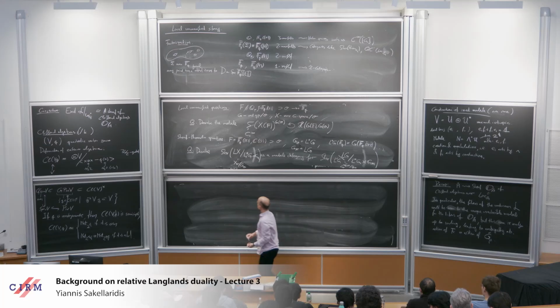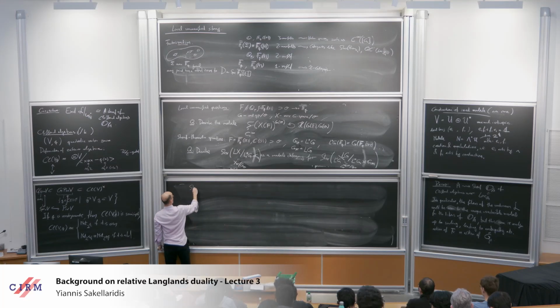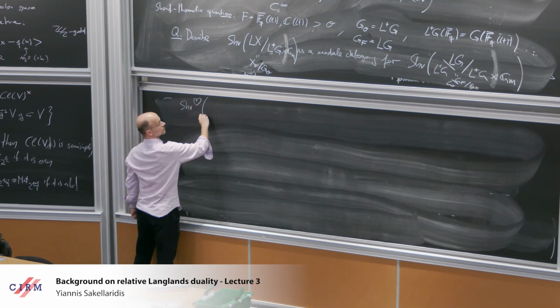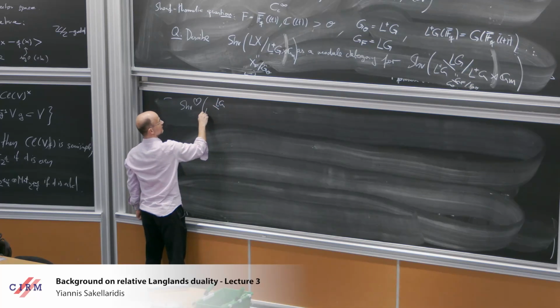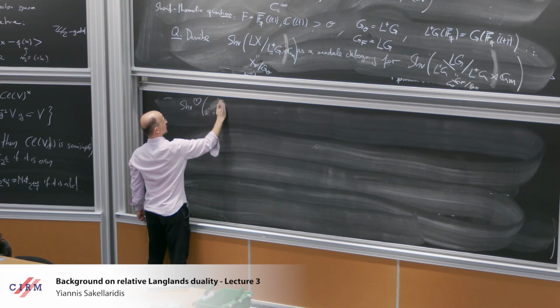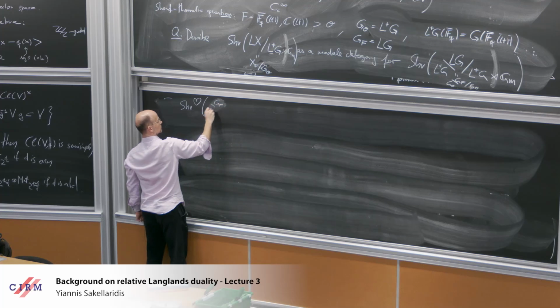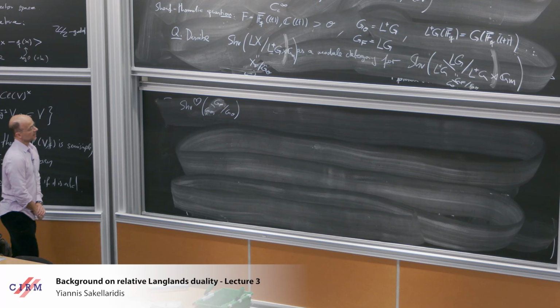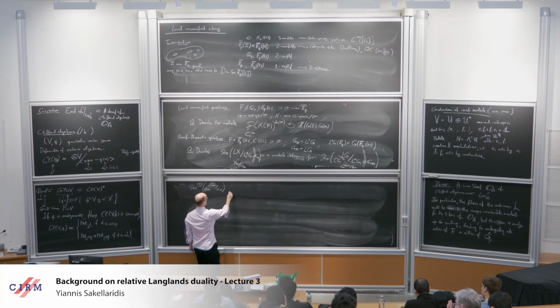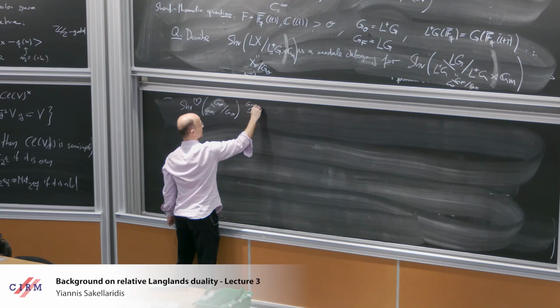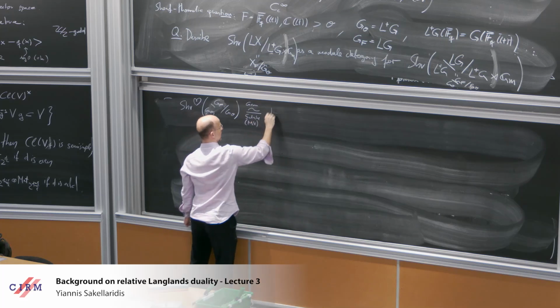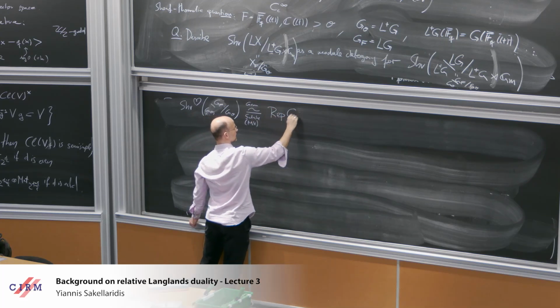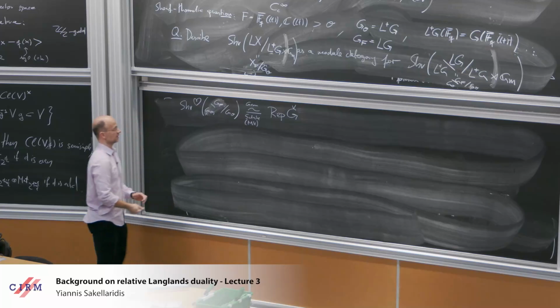Perverse sheaves, which I will denote by a heart, on this quotient, by the geometric Satake theorem of Mirković and Vilonen, have a natural Tannakian structure and are equivalent to representations of the dual group.